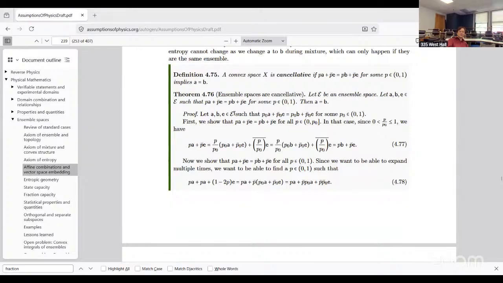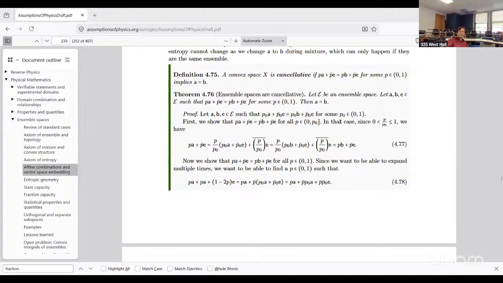So first, you want to show that if this is true for one p, it's true for all the elements from 0 to p0, to that p0 that you have.